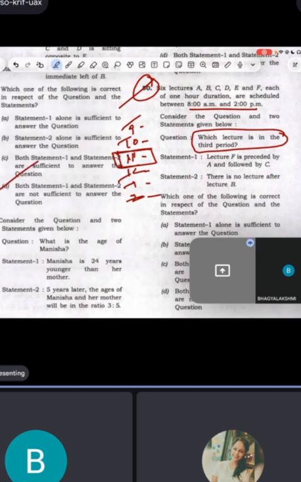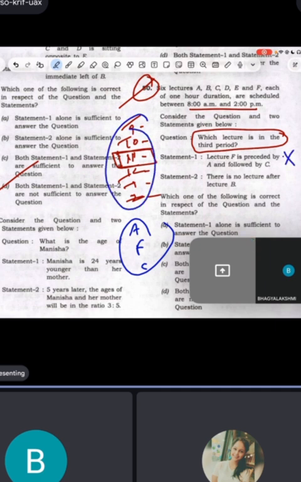Lecture F is preceded by A and followed by C. So A, F, C, but we don't know which place they are in because there are 6 places. So we cannot find out the answer by statement one alone. Second, there is no lecture after lecture B. It means B is in the last, but I don't know about the other 5.